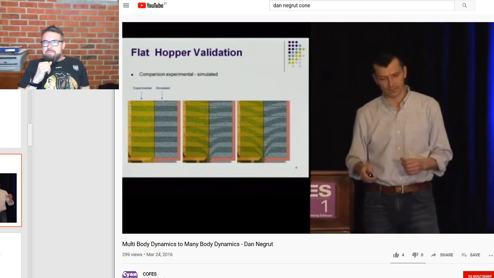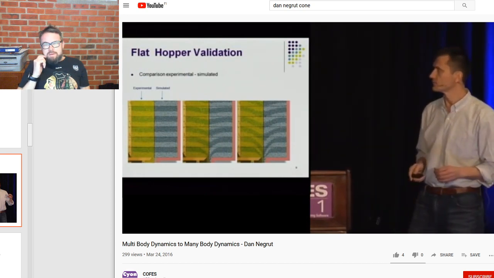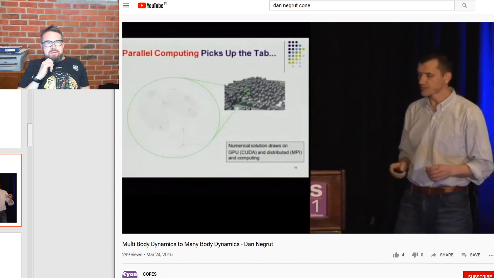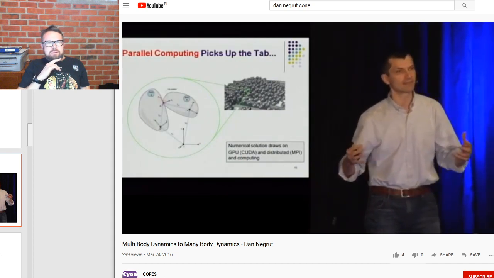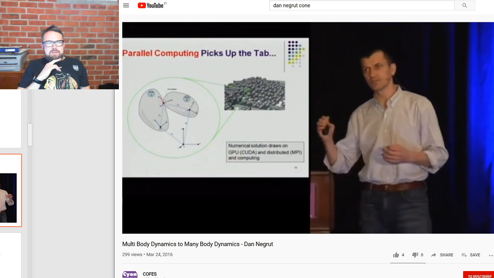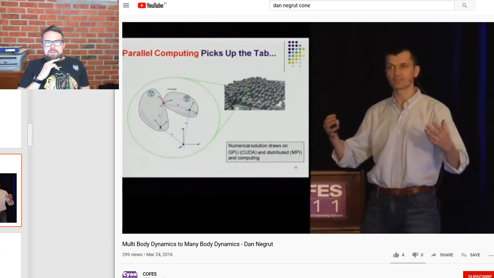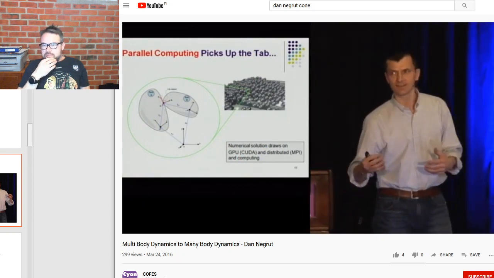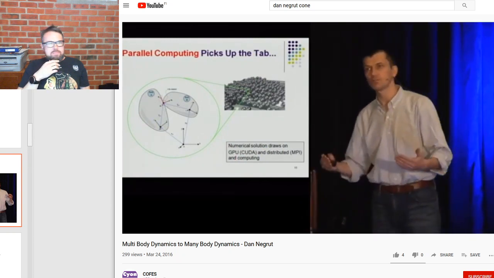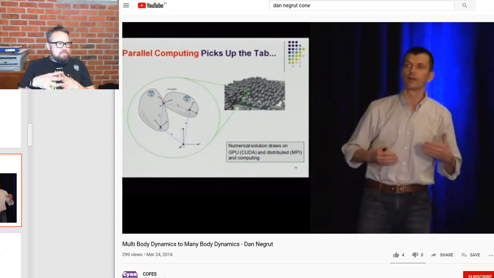And we did some other simulations, but I'm not going to show the results here. Of course, if you look at this problem, you have millions and millions of bodies that move. Now, the beauty of it is that basically they all move the same. So there is a lot of scope for parallel computing in this. And this is where you can use, for instance, GPU computing or multi-core computing.